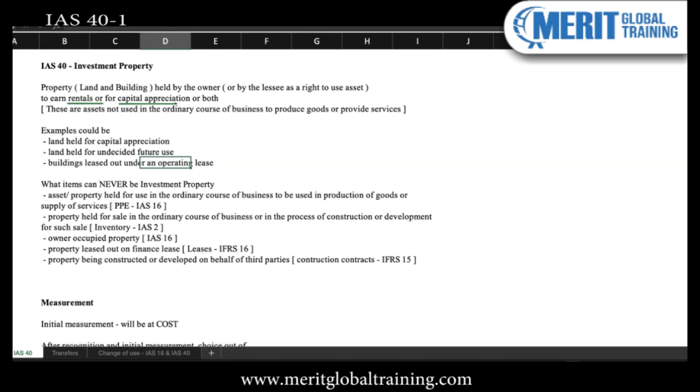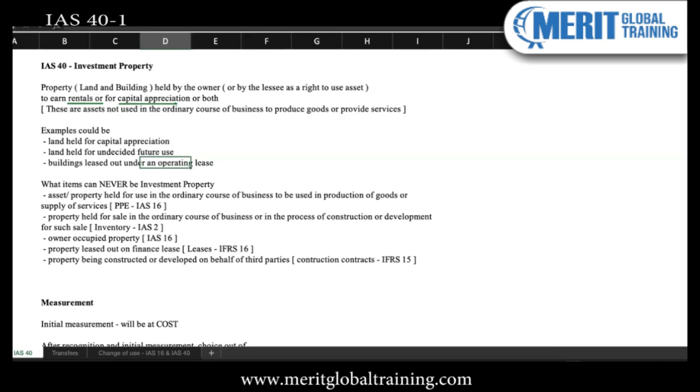Now, in financial reporting, there are two words that are used fairly frequently. One of these is intention, the other one is expectation. When I say that I have an intention to hold non-current assets for the purpose of earning rentals, when we are preparing financial statements, we have to understand with what objective a particular non-current asset was acquired.